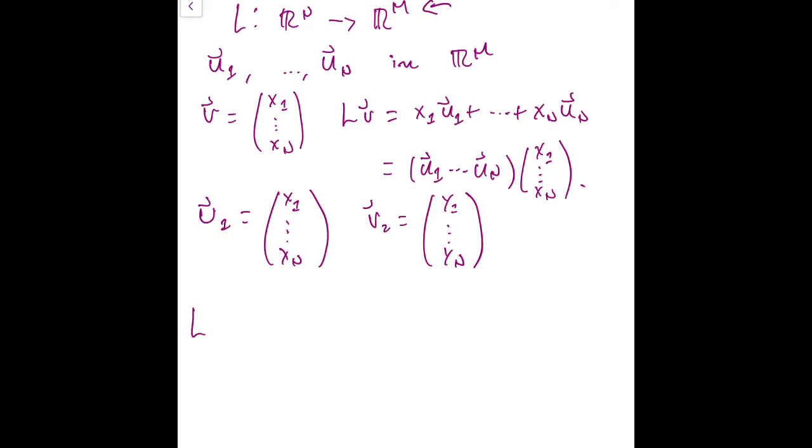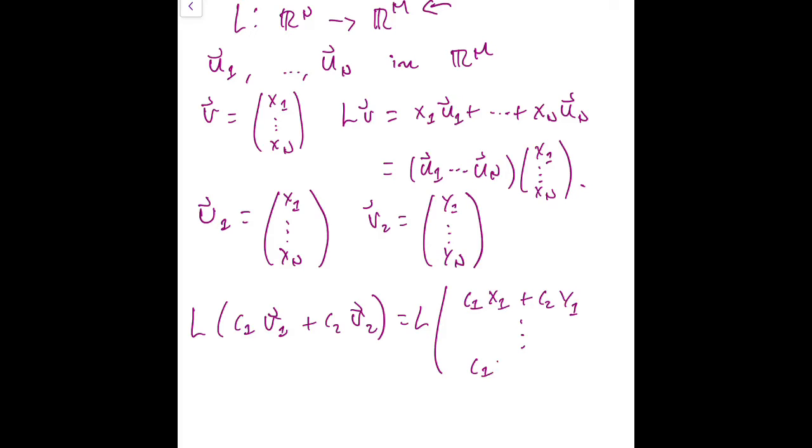So L applied to c1 v1 plus c2 v2 is equal to L applied to the vector with coordinates c1 x1 plus c2 y1 all the way down to c1 xn plus c2 yn.